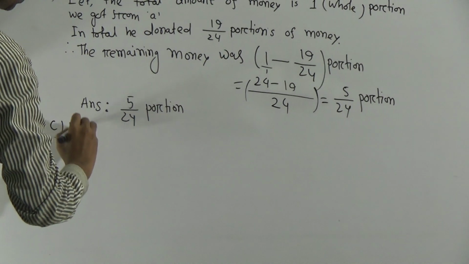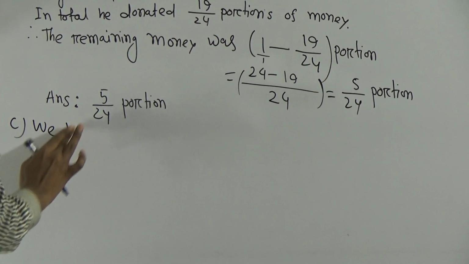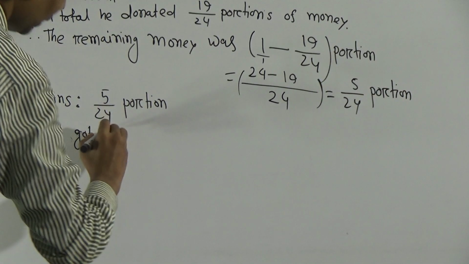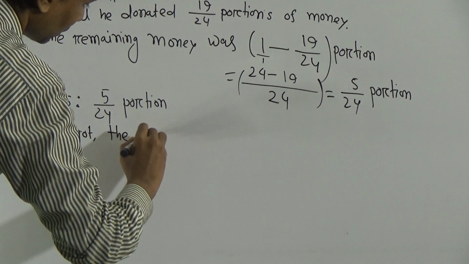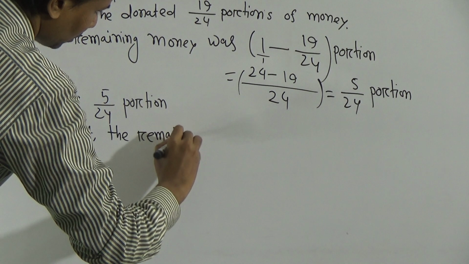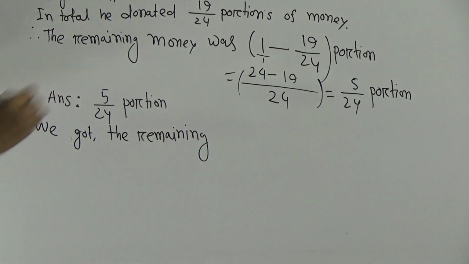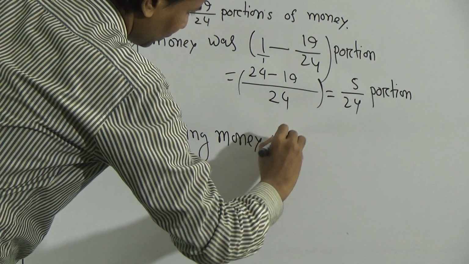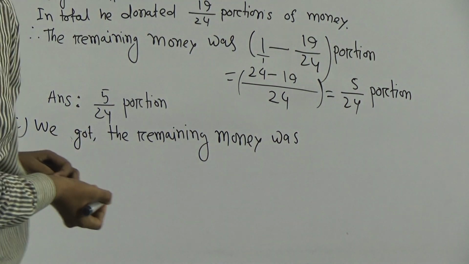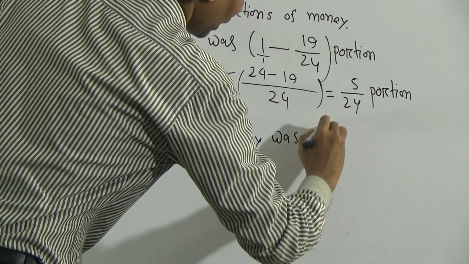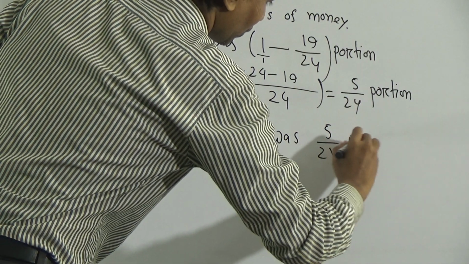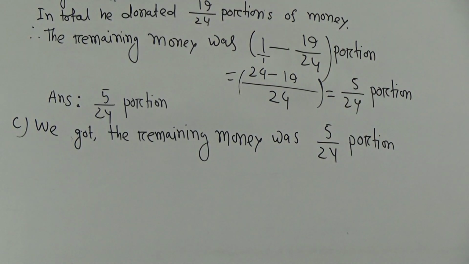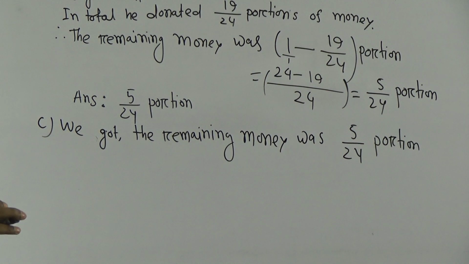We have got the remaining money was 5 by 24 portion. Okay?